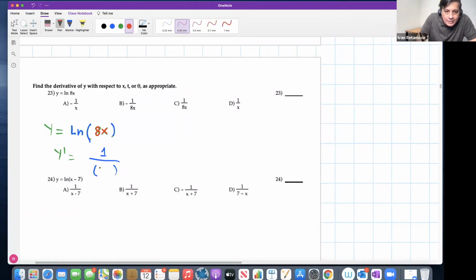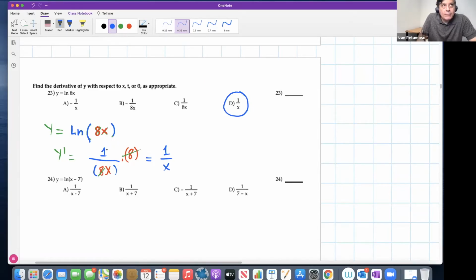But since this is an inside function, I have to multiply by the derivative of the inside function, which is 8, right? Now, what is surprising is that this 8 gets canceled with this 8, and then you end up with 1 over x, right? I gave you even a property: when they ask for the derivative of natural log of some number multiplying x, it's just 1 over x.